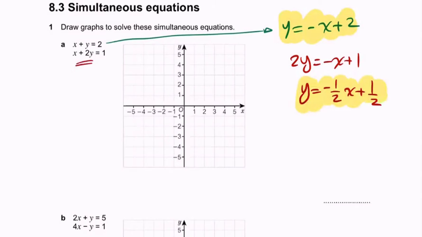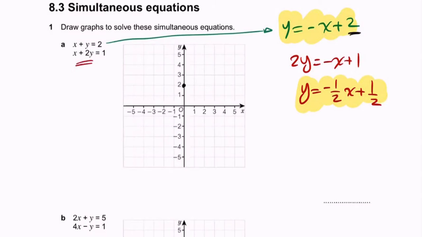To draw a line, what were we told? To draw, we need 2 points for each line. The first point for any line is directly the y-intercept. Here, this one has y-intercept at 2, so this point is on the first line.